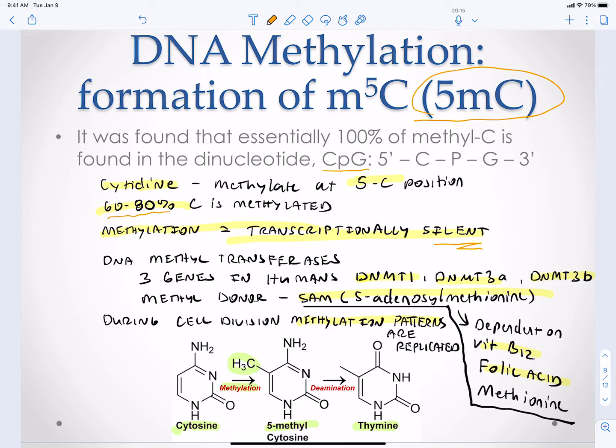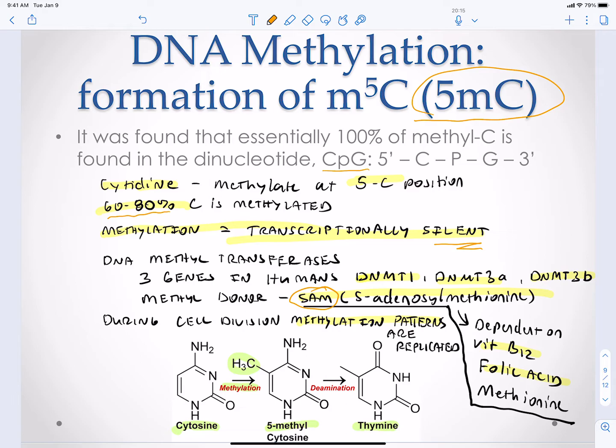We have 3 genes that encode our methyltransferases: methyltransferase 1, 3A, and 3B. All of these use SAM, S-adenosyl methionine, as a single carbon donor. So this is dependent on vitamin B12, folic acid, and methionine. As we can see here, vitamin B12 deficiency and folic acid deficiency are very serious because we use them in all our cells for epigenetic purposes as well.